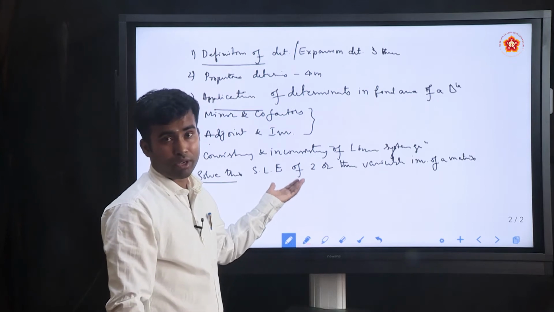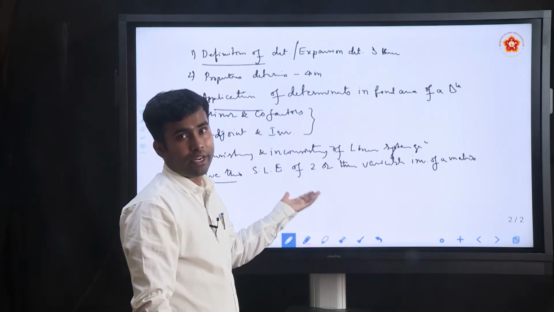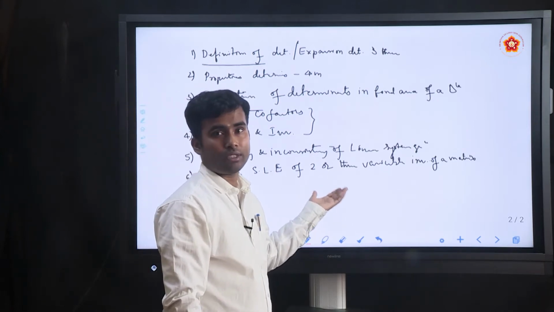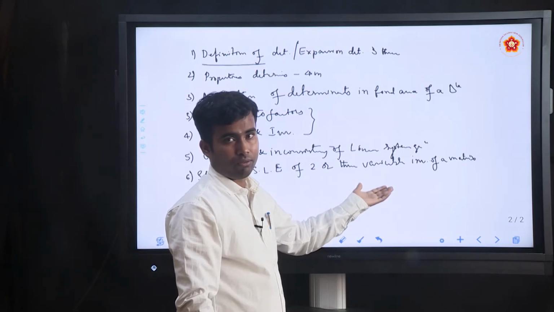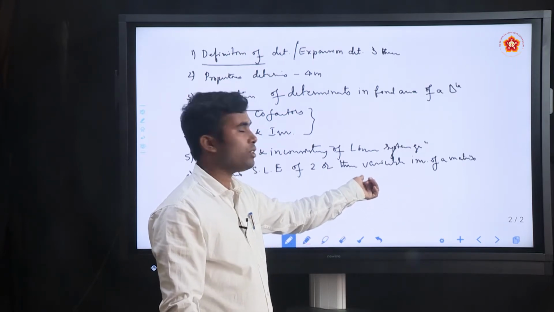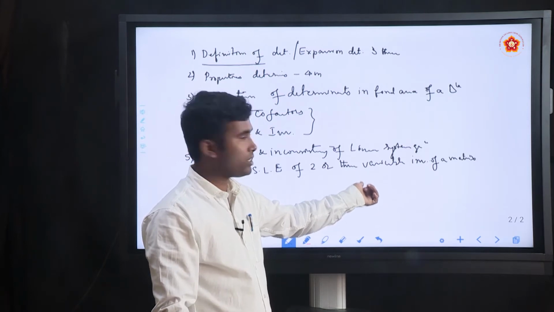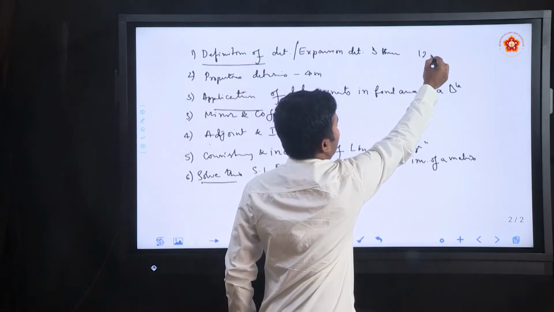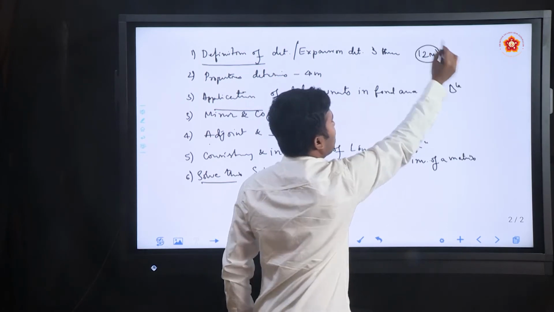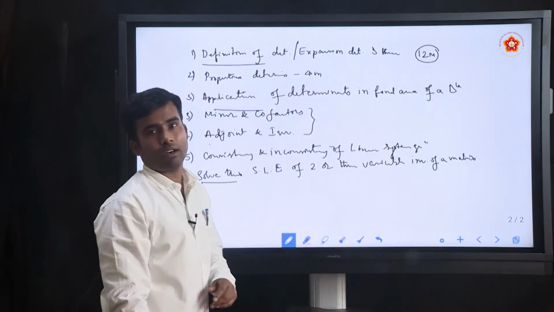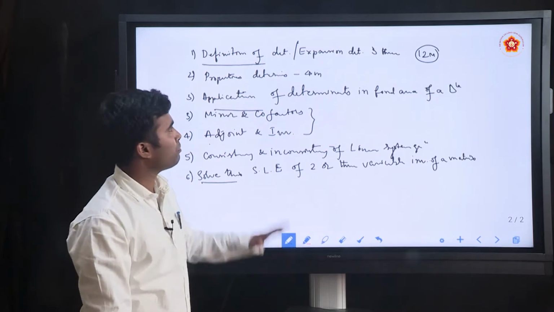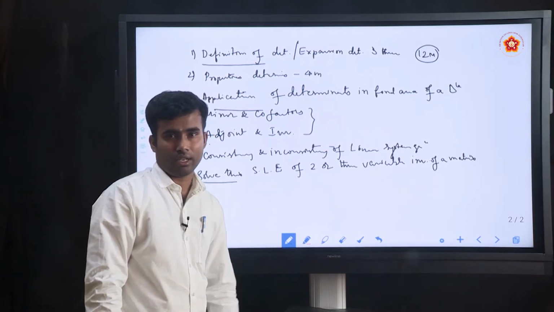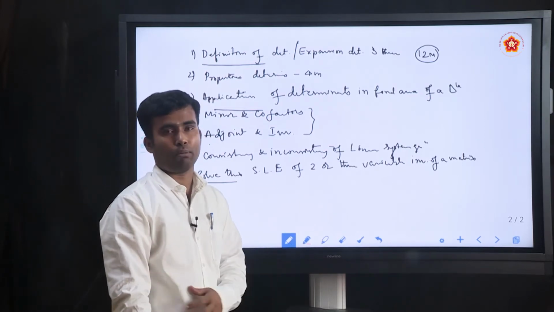Definitely you are going to have a 5 mark question in part D, finding the solution of system of linear equations of 3 variables. Okay, definitely you will expect a 5 mark question from this topic. So totally we are going to have 12 marks from this chapter. Okay, so this is some information about the point of examination and the question paper pattern for this chapter.